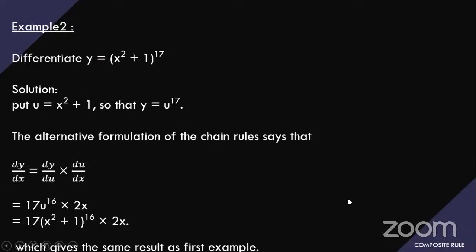So let's take this example. If we differentiate y equals x squared plus 1, all over the power of 17, we can state that u is our inside function, which is x squared plus 1, so that y will be our outside function, which is this bracket raised to the power of 17.